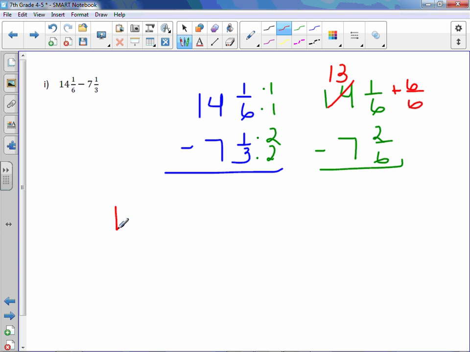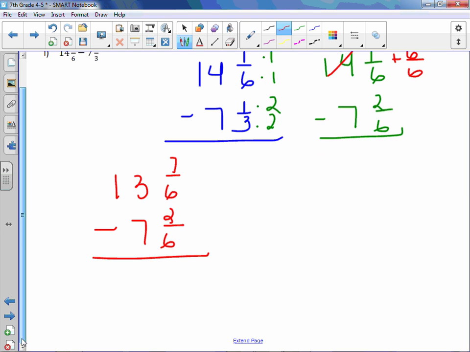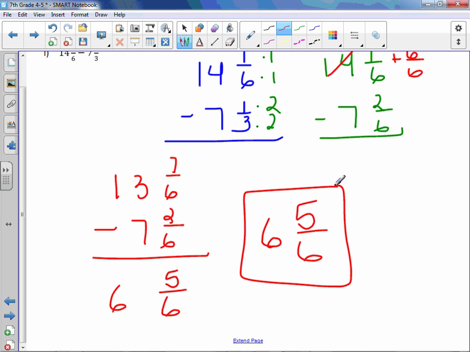So I would have 13 and 7/6 minus 7 and 2/6. Subtract the fractions and get 5/6, and 13 minus 7 is 6. That cannot be reduced, so our answer is 6 and 5/6.